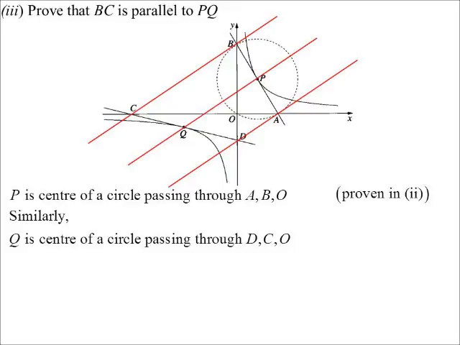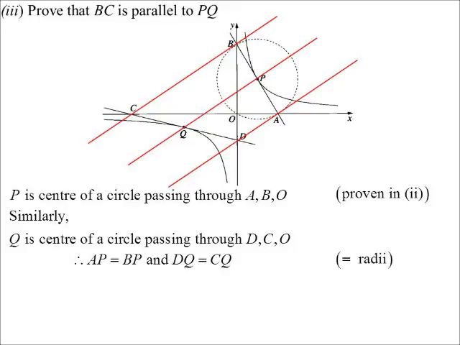Well, if you go and have a look at the other branch, what have we got? We've got a tangent, we've got the x-intercept, we've got the y-intercept, and we've got the origin. So again, we could have said a circle will go around those 3 points, and Q would be the midpoint in this case. So I know that AP equals BP, because they're radii of that circle. But it also means DQ is equal to CQ, because they end up being the radii of the second circle.